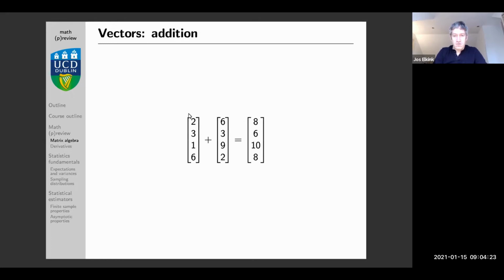So for example, 2 plus 6 is 8, yeah? And 1 plus 9 is 10. And you can see that you can only do this if the vectors look exactly the same. So if one has an element more than the other, then addition is simply impossible. So if you see two vectors being added in the text, you can assume that they have the exact same size, the same length. And we can do the same with row vectors, exactly identical.